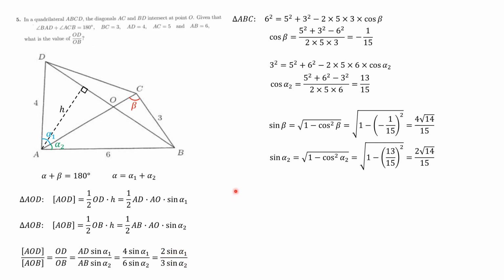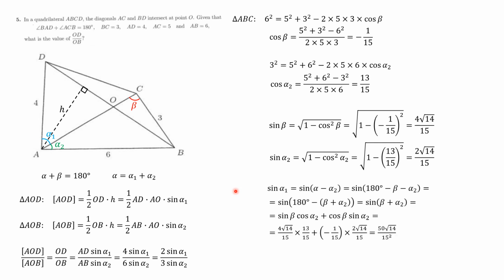How do I find sine alpha 1? Well, sine alpha 1 is equal to the sine of alpha minus alpha 2, because alpha 1 and alpha 2 have to add up to alpha. And I know that alpha is 180 minus beta, because alpha and beta add up to 180.